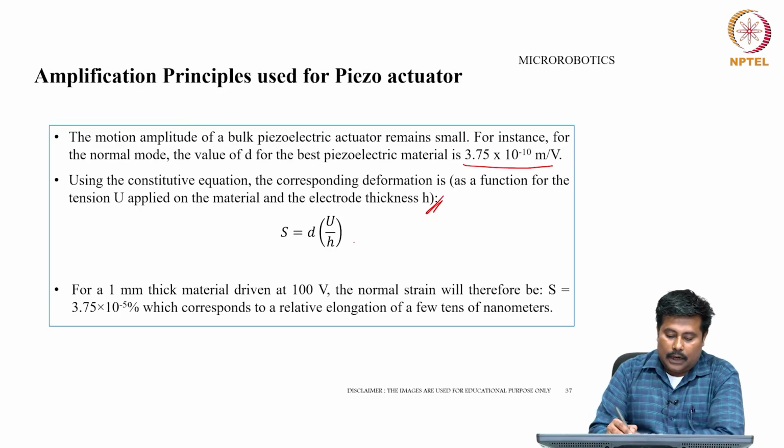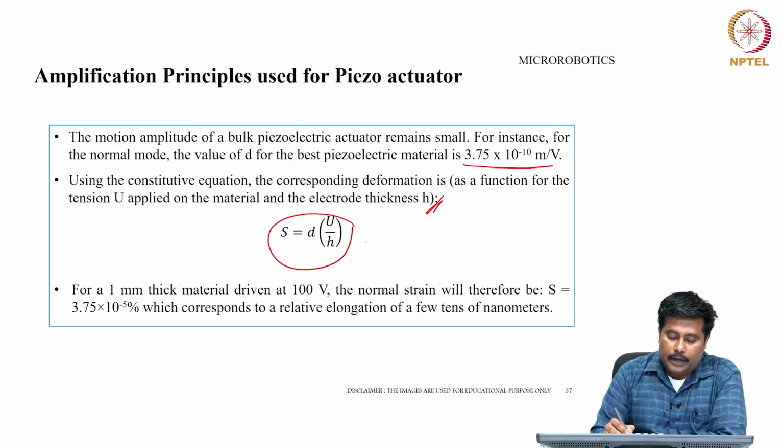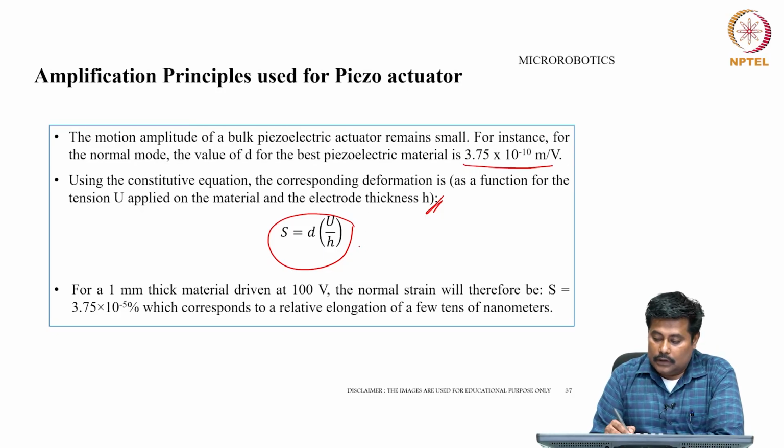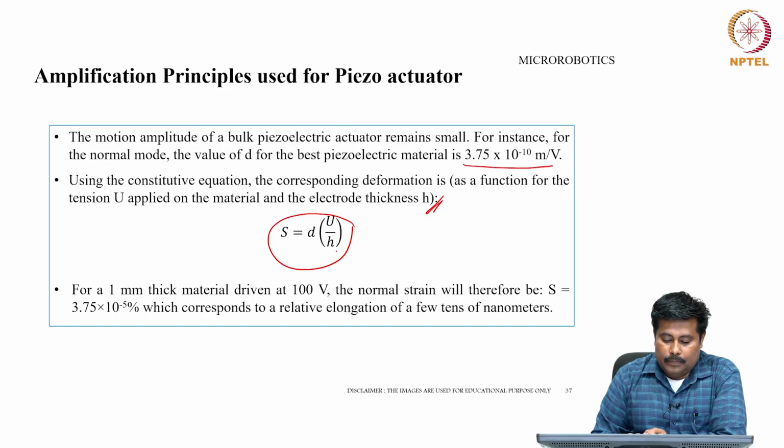This is a quantified equation which talks about the function of tension. Now, for a 1 mm thick material driven at 100 volt, the normal strain will therefore be S equals 3.75 into 10 power minus 5 percent, which corresponds to a relative elongation of a few tenths of a nanometer.